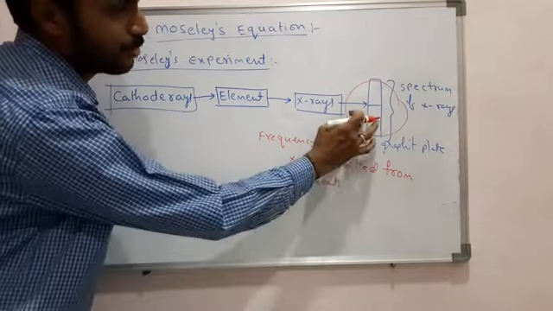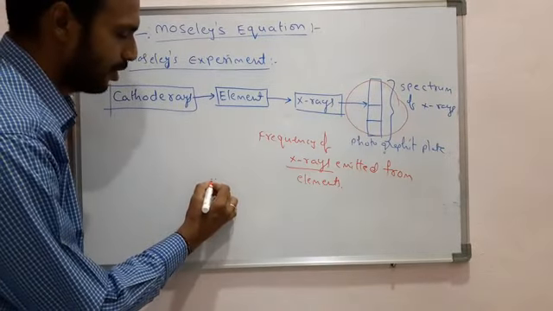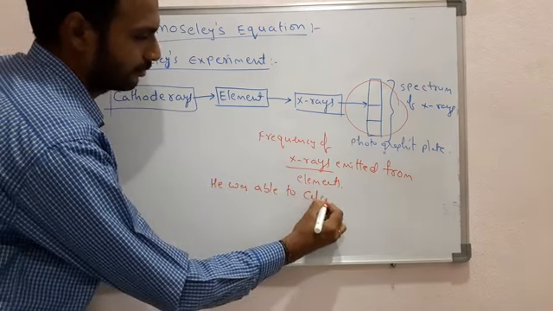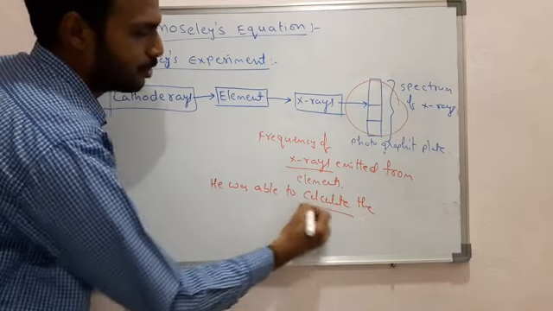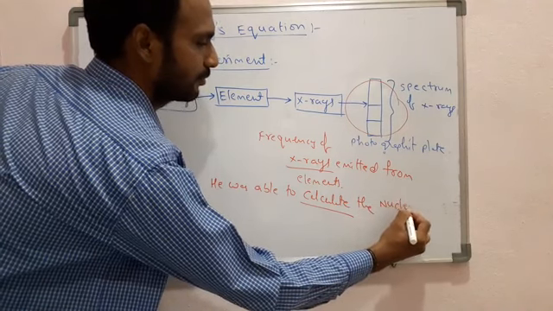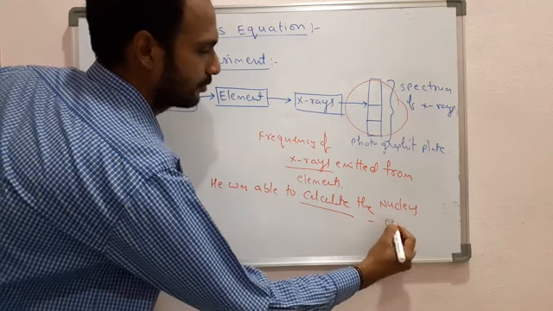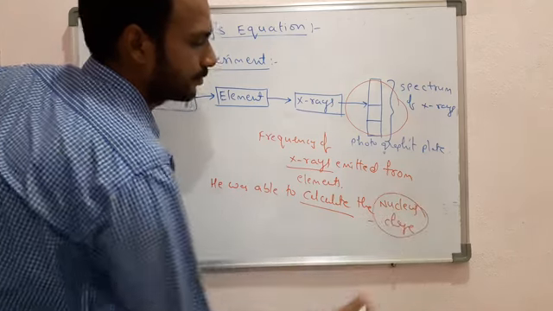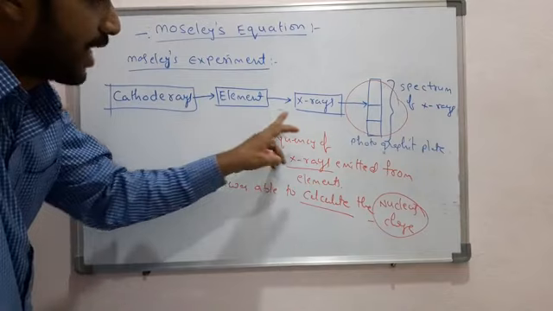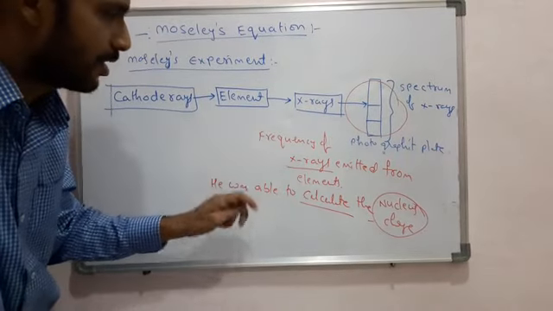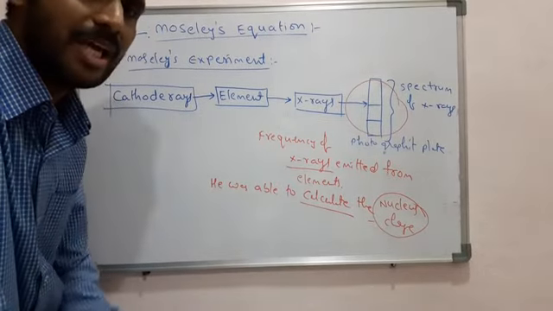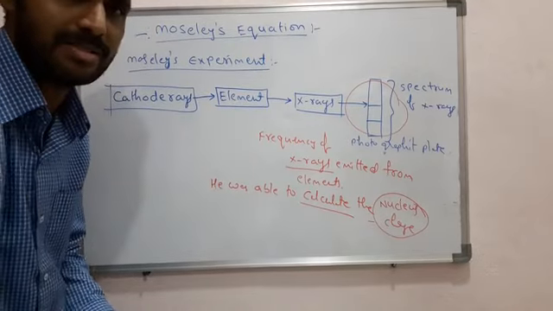By analyzing this X-ray spectrum, Moseley was able to calculate or measure the nuclear charge of atoms of that particular element. By analyzing the X-ray spectrum, he was able to calculate the nuclear charge of the atoms in the different elements with the help of his experiment.